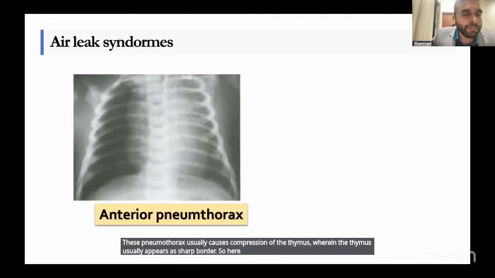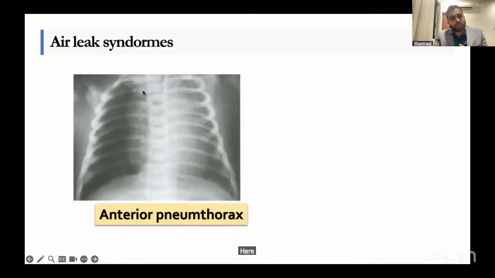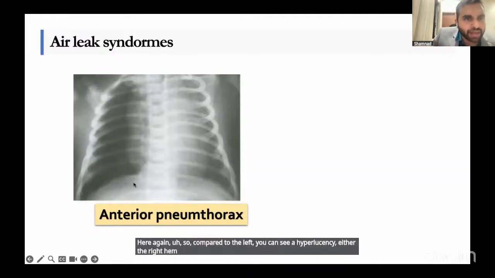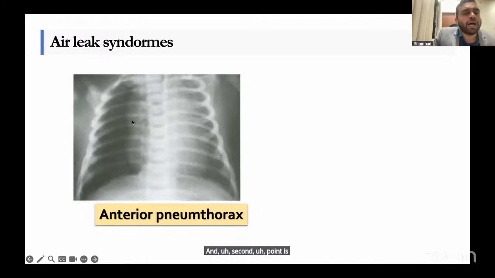So here you can see this was an anterior pneumothorax. Here again, compared to the left, you can see a hyperlucency. The right hemithorax is more dark. The second point is the sharpness of the right cardiac border.